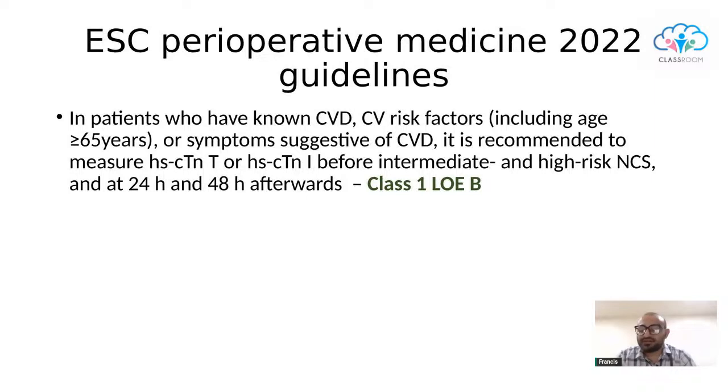And the ESC guidelines mention that all patients above the age of 65 and all patients above the age of 45 with at least one cardiovascular risk factor should have serial troponin measurement done. These patients also should have ECG. ECG is being monitored because any dynamic change can be indicative of myocardial damage.